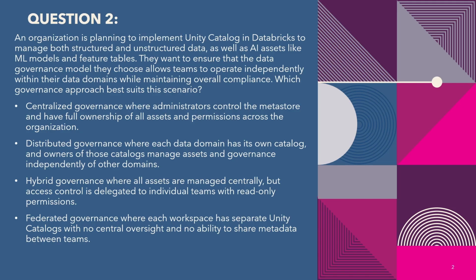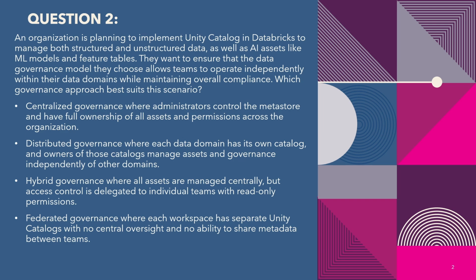Please listen carefully. Here are all the options. Option 1. Centralized governance, where administrators control the metastore and have full ownership of all assets and permissions across the organization. Option 2, distributed governance, where each data domain has its own catalog and owners of those catalogs manage assets and governance independently of other domains.